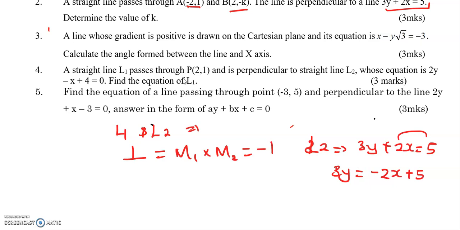Then we can get y here. The inverse of multiplication is division, so we divide by 3. Then we remain with y is equal to -2/3x plus 5/3.